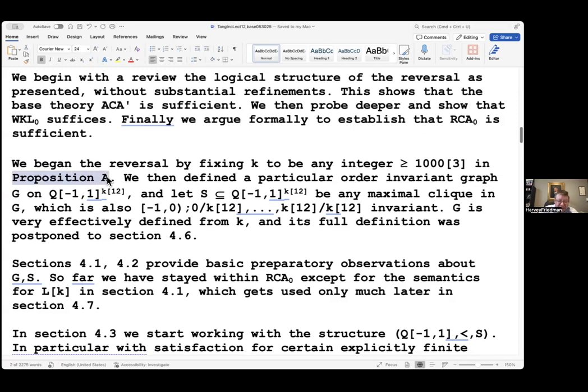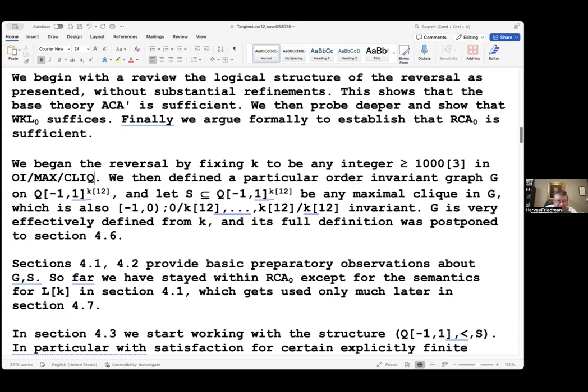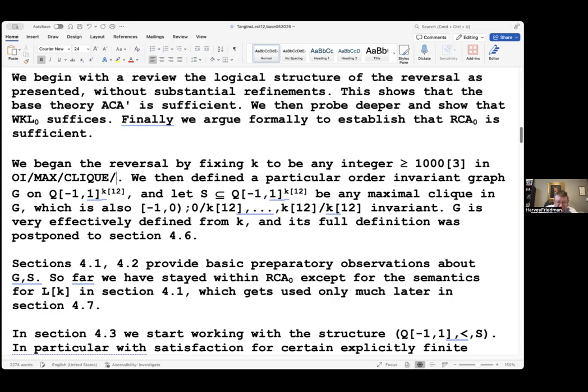So let me, I called it proposition A when I did this. But this is actually in the statement we're reversing, just to be pedantic about this.